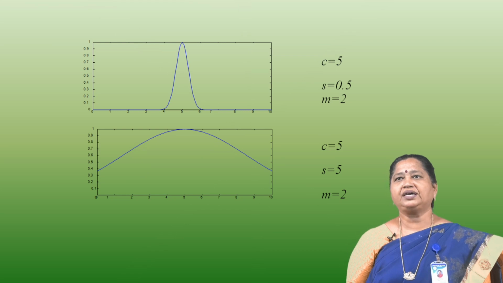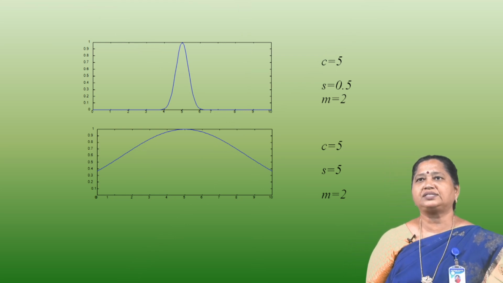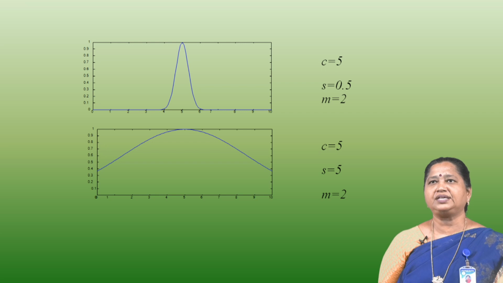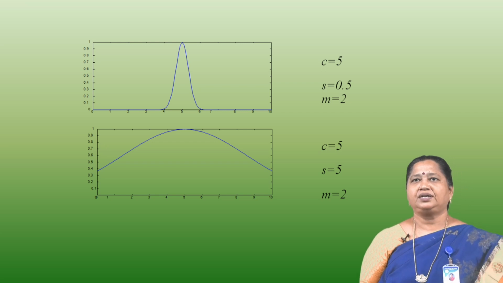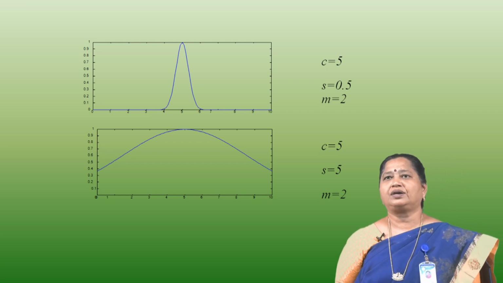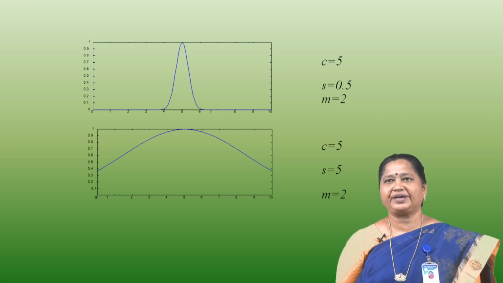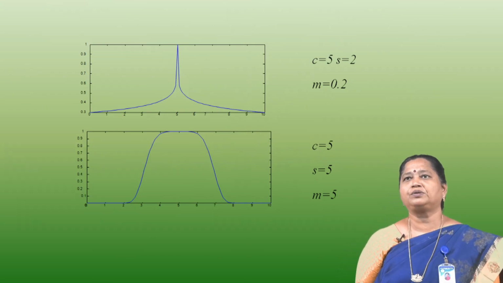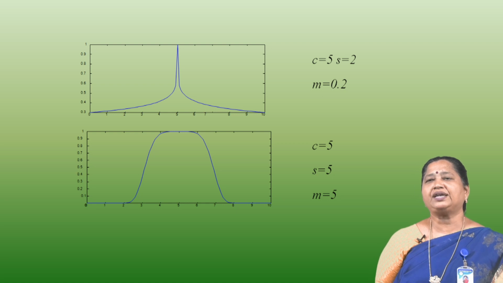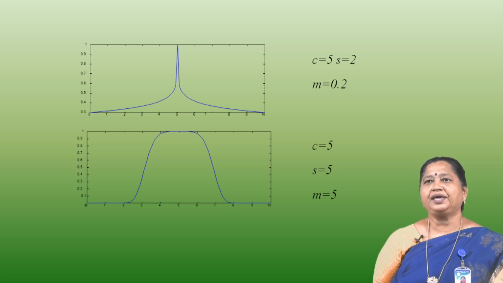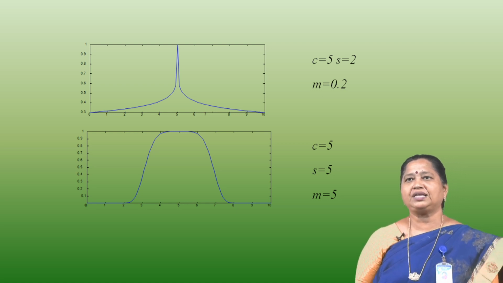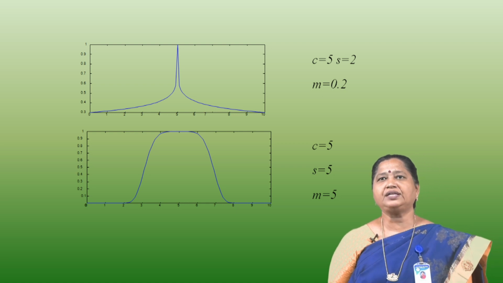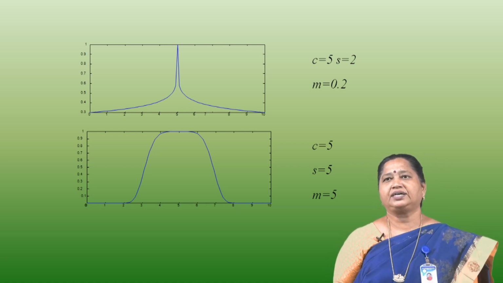Another figure, m equal to 2, s equal to 0.5, and c equal to 5. Another one, m equal to 2, s equal to 5, and c equal to 5. The next figure, m equal to 0.2, c equal to 5, and s equal to 2, and m equal to 5, s equal to 5, and c equal to 5, give different shapes of graphs.